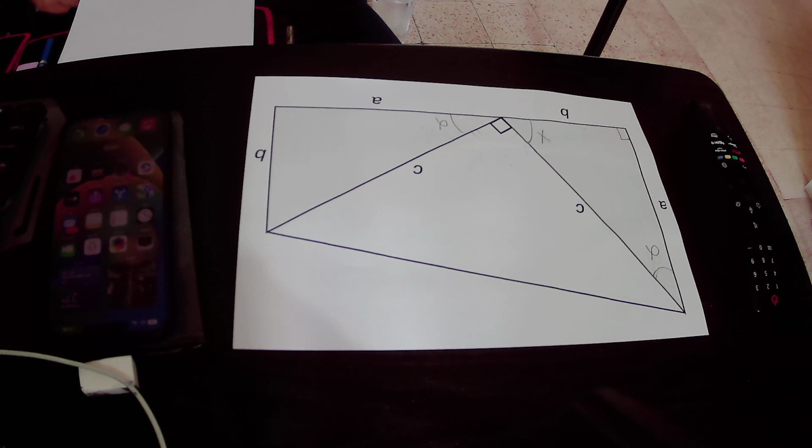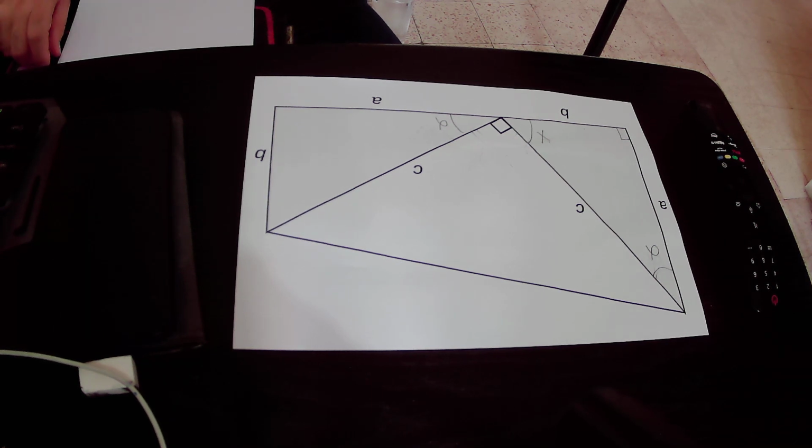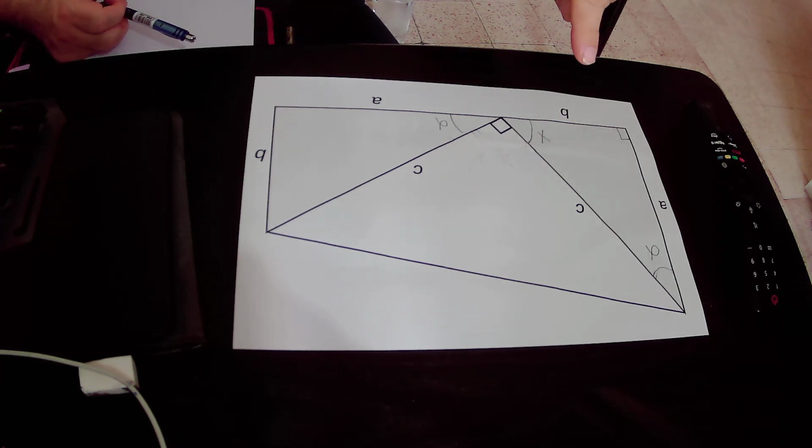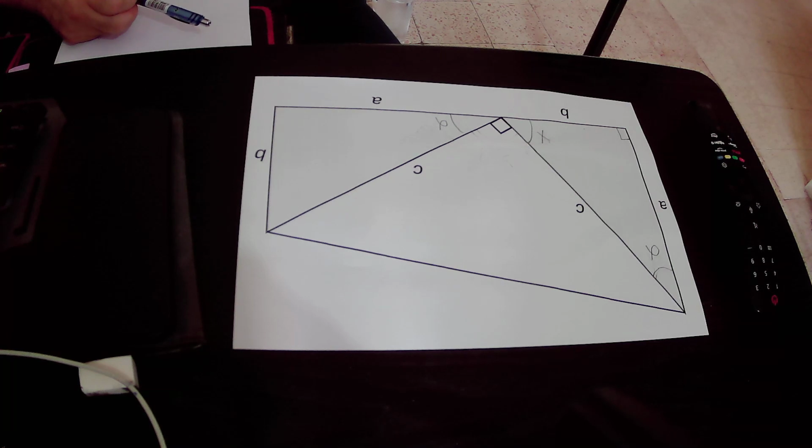But we do know that in every triangle in the world, the sum of its angles is always 180 degrees. So the sum of the angles in the right triangle, on the right side of the picture here, must be 180 degrees.